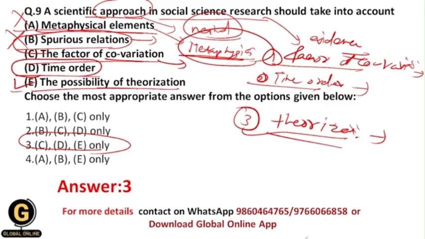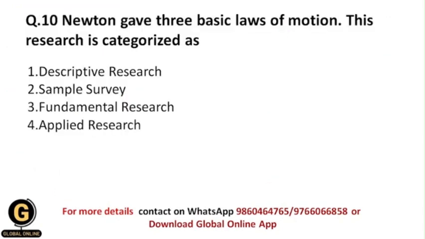I mean to say, you should apply your conclusion in word format, so that you will be able to understand it, and the reader will also be able to understand whatever you have done in your research study. So you should take into account the C, D and E options, and you should not take into account metaphysical elements and spurious relations.